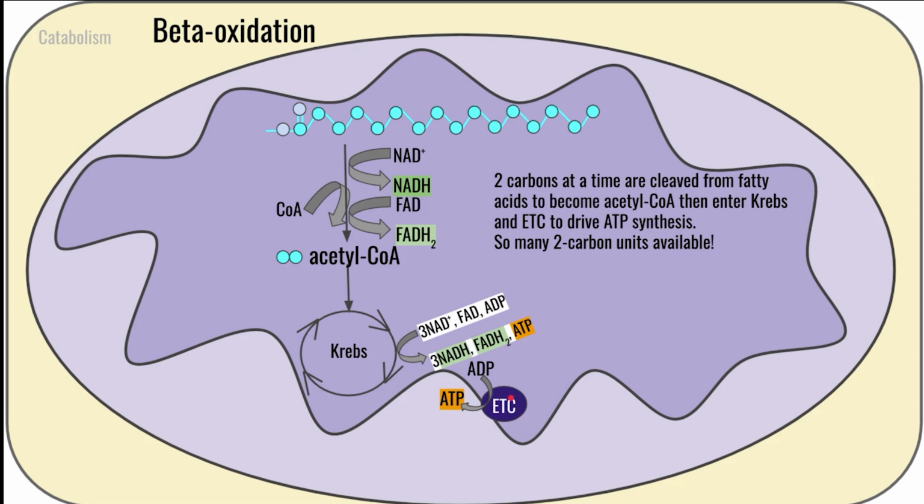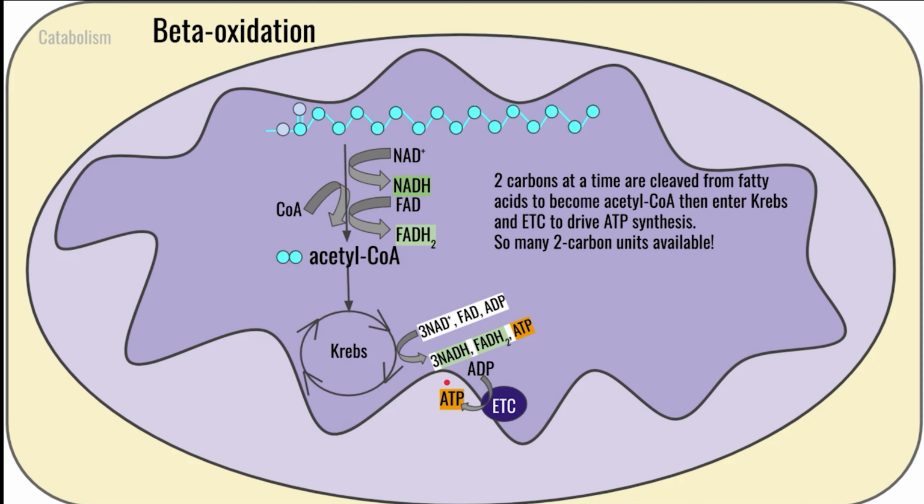That electron transport chain is going to rip the hydrogens apart into a proton and an electron. The protons are going to be pumped into this inner membrane space, and the electrons will bounce down the electron transport chain. And then the ATP synthase protein complex can harness that potential energy from the high concentration of protons in this inner membrane space in order to add a phosphate to ADP and ultimately synthesize ATP. So that part is all exactly the same.